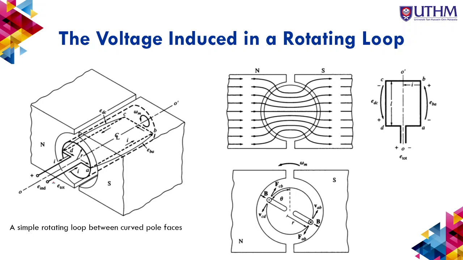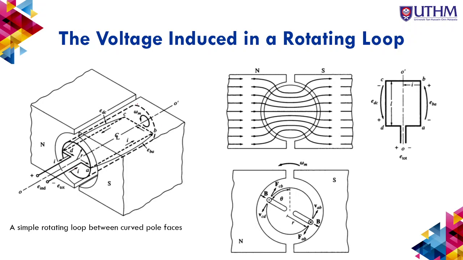We have the points A, B, C and D. As we know, this AB line and also the CD line are called conductors. So when we have one coil, or one rotating loop, there are two conductors. These other two positions do not count as conductors.